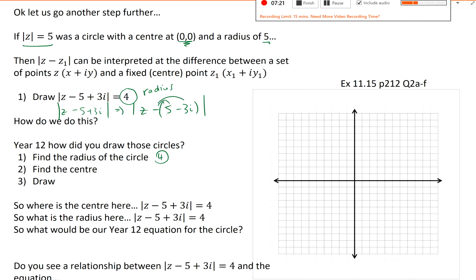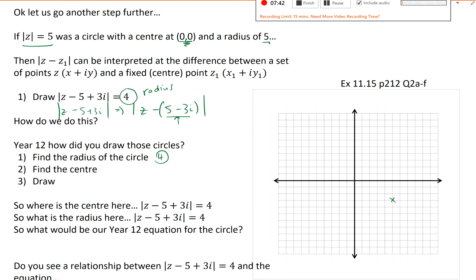Because if I expand that, I get the left hand side there. So in other words, now here is where my circle has been moved. There is the center of my circle. So it's at 5 and down at 3.